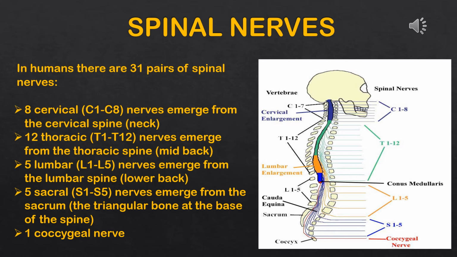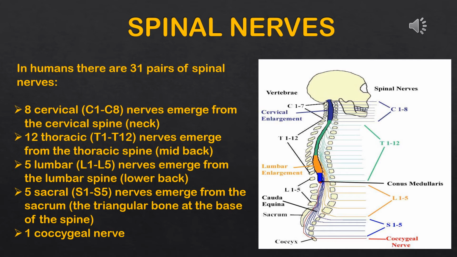Next one, 12 thoracic nerves emerge from the thoracic spine, that is the mid back, T1 to T12. See this T1 to T12, you can understand green color and yellow color. Okay, these are all thoracic nerves. Next one, 5 lumbar L1 to L5 nerves emerge from the lumbar spine, that is the lower back.